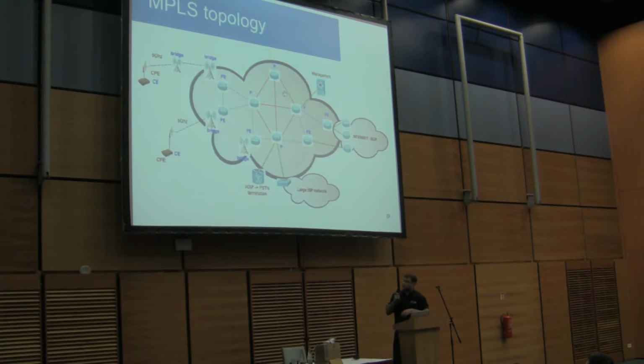MPLS topology, so our topology. Even with these things with VRFs and some issues, we are able to build a quite stable network if we know about them. When we know about something, we are prepared. So how did we build the network? MPLS.